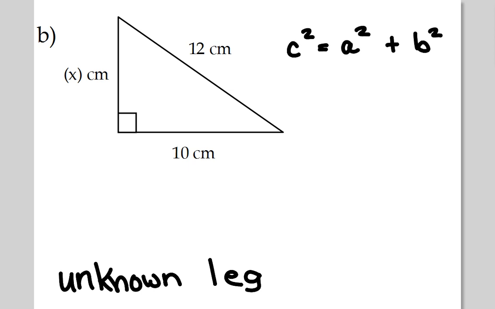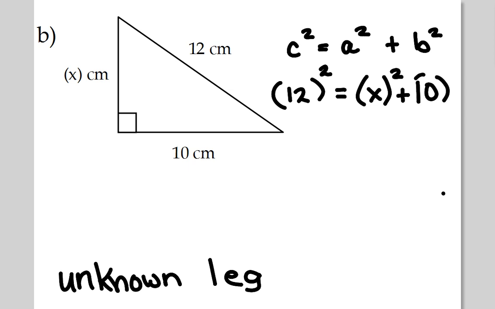You guys are probably very familiar with it. Let's substitute in what we know. Where do I put the 12? Where I see the c. Remember, c is the hypotenuse. Now for a, let's substitute in x. And for b, let's substitute in 10.